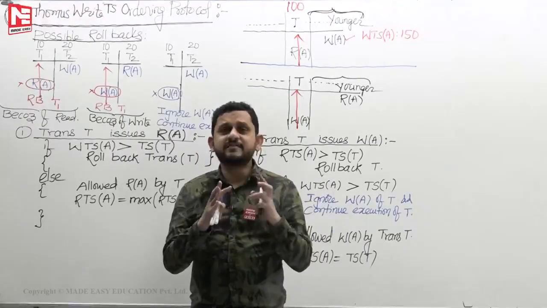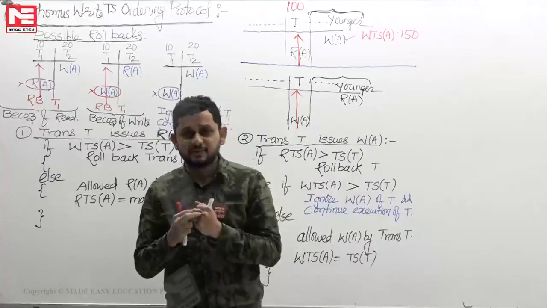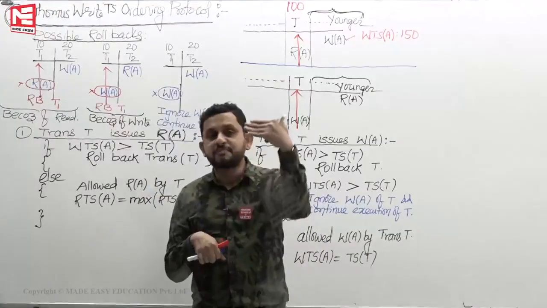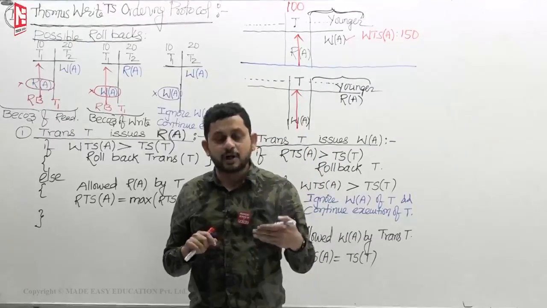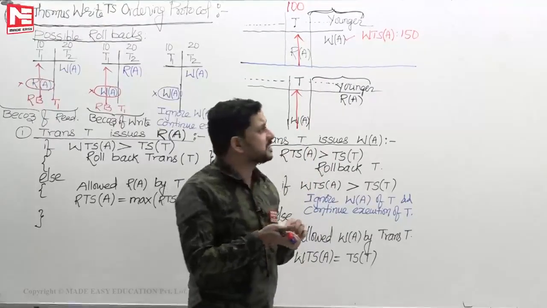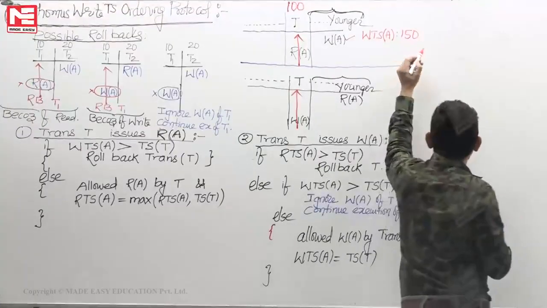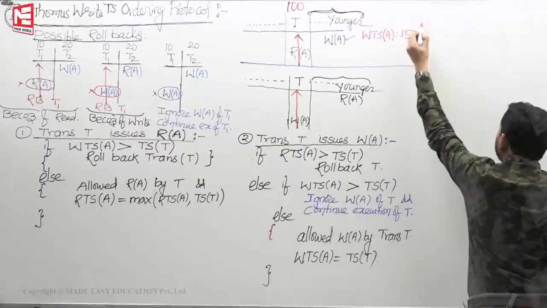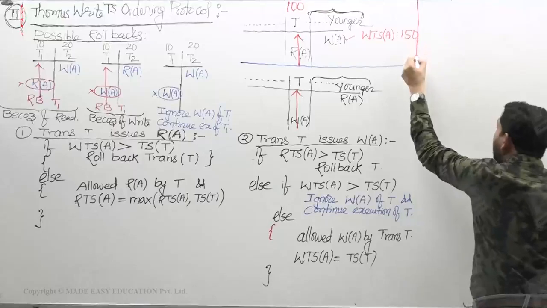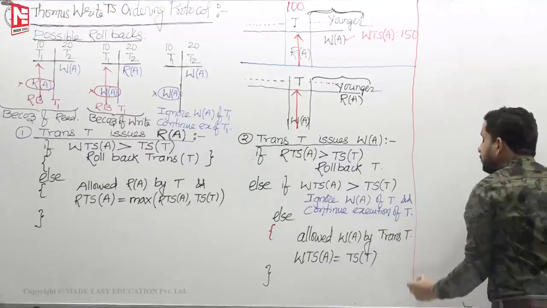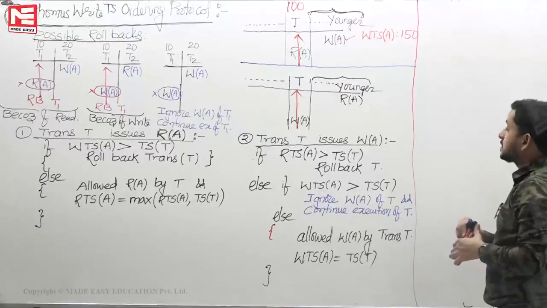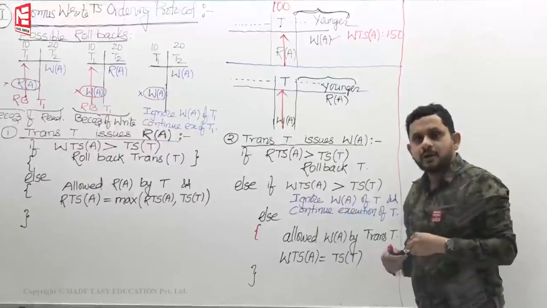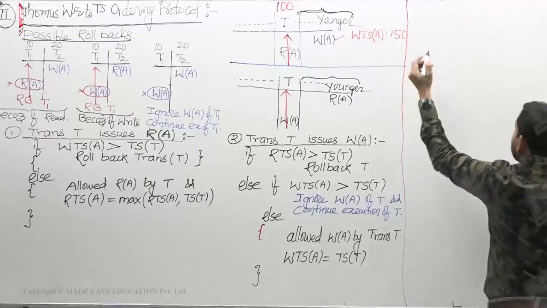There are various similarities. Most of the things of the basic timestamp ordering protocol and the Thomas-Write rule timestamp ordering protocol are the same, with only one small difference. Let me explain the difference first, and after that we'll get back to this definition.